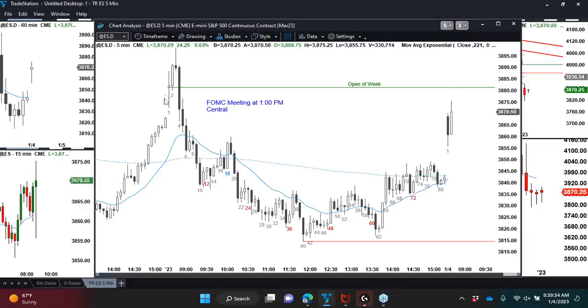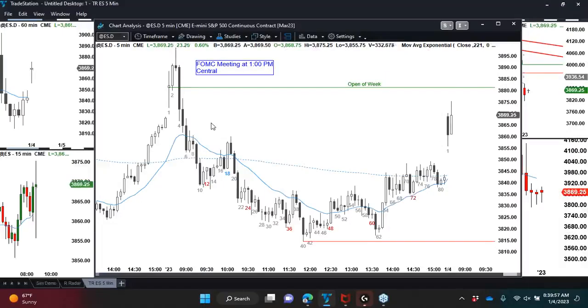Now, this is different because it's a micro channel, but there's the added risk on the open that you're going to get a breakout up or down. I'm going to move this up here as a mental reminder that the FOMC is today. So most people on the open need to be patient.